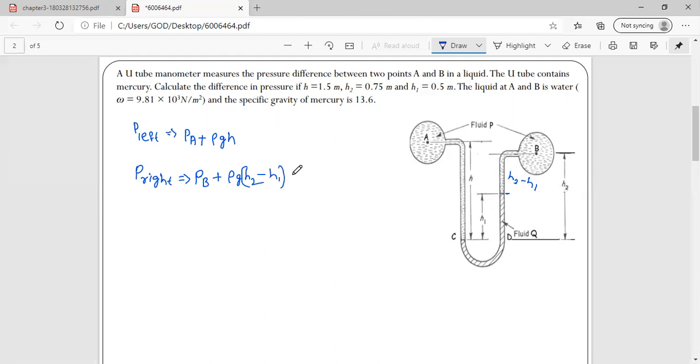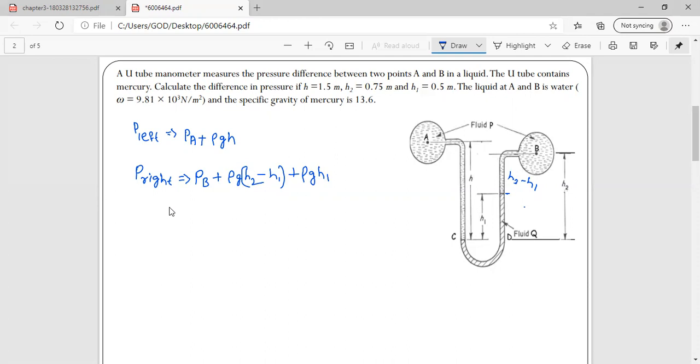Now, what is the remaining fluid? That is the manometric fluid, mercury. What height does it have? H1. So that is rho g into H1, and it is also plus.